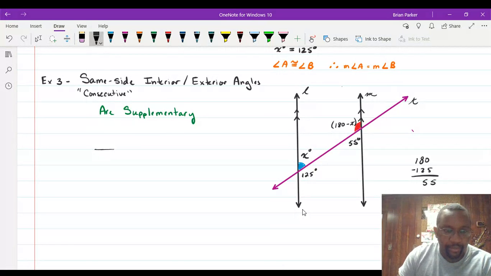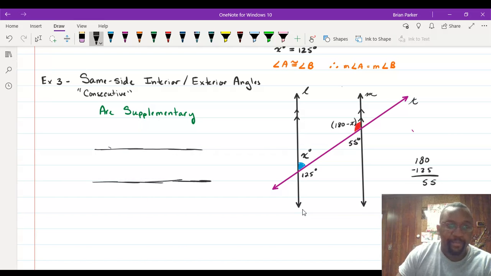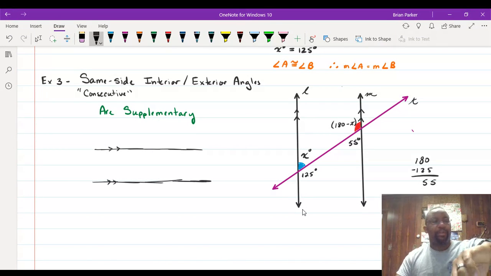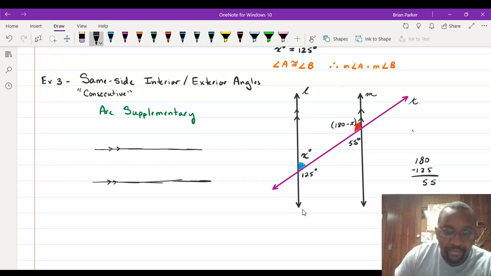Okay, so let me draw one more real fast, just to do one more example. These lines might not be perfectly straight, but I'm going to do the best that I can. And I'll put my little symbols on here that say that these lines are parallel. And we'll cut it with a transversal right here. All right.